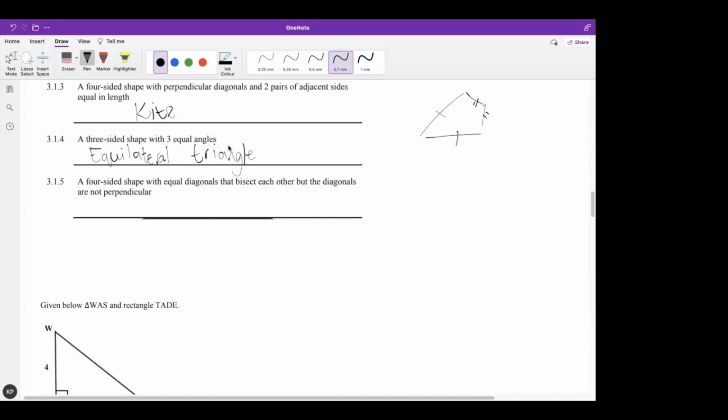Okay. And the last one says, leave my handwriting alone. The last one said a four-sided shape with equal diagonals that bisect each other, but the diagonals are not perpendicular. Not perpendicular. What did I say, Chichi?